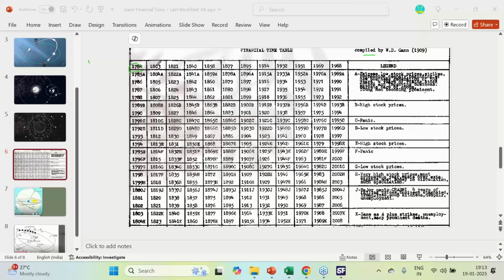If you count here 1 2 3 4 5 6 7 8 9 10 11 12, the 12 represents 12 months. From top to down, if you count 1 to 21, so 21 is there and 12 is there. 3 into 7 is 21.